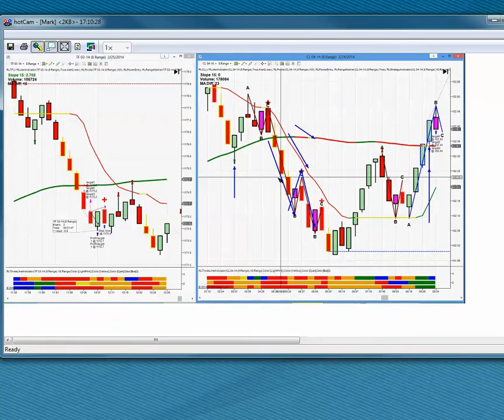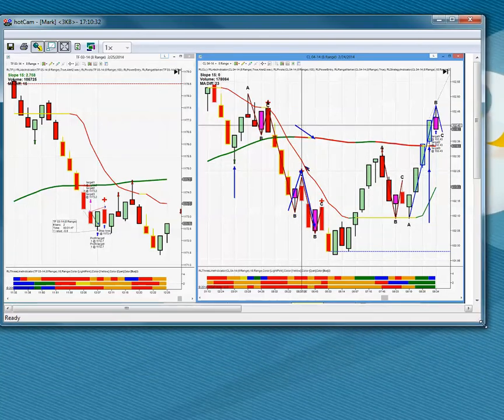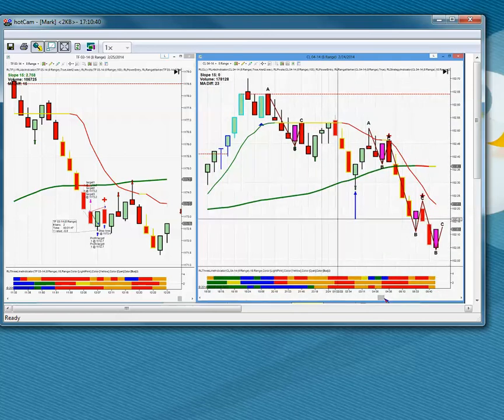Now let me get rid of some of these lines. And what you see on the chart is pretty much exactly the same thing that I showed you in the webinar. Now we only have one additional entry, which is a bounce off the 50, and that is another type of trend trade.